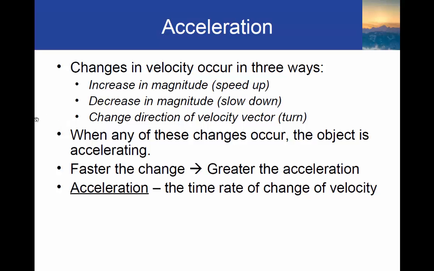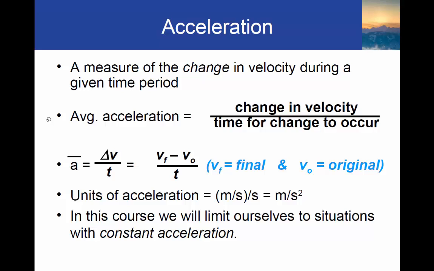And here we can review what acceleration is. It is the time rate change of velocity. The way that we calculate acceleration so far is that we take an average acceleration, which is change in velocity per time for the change to occur. So that might be delta v over t, or vf minus v0 over t.